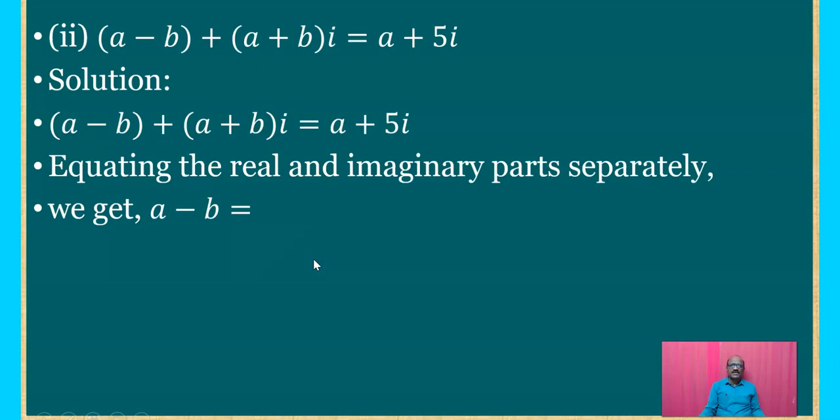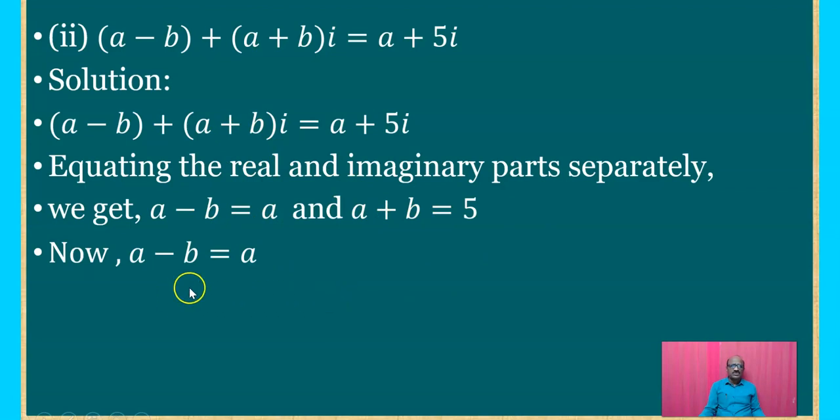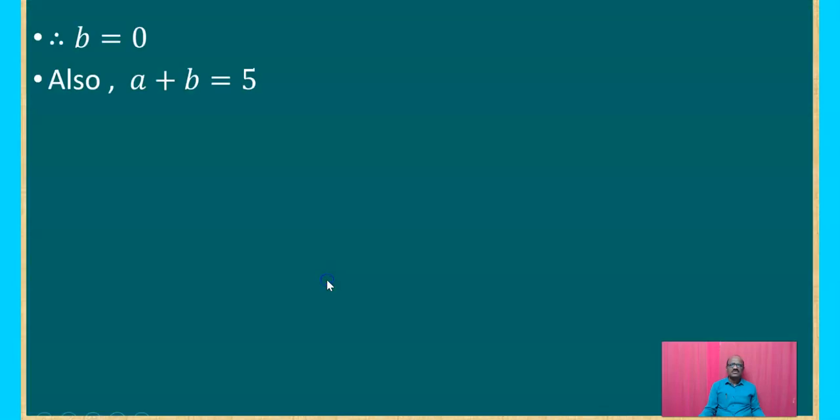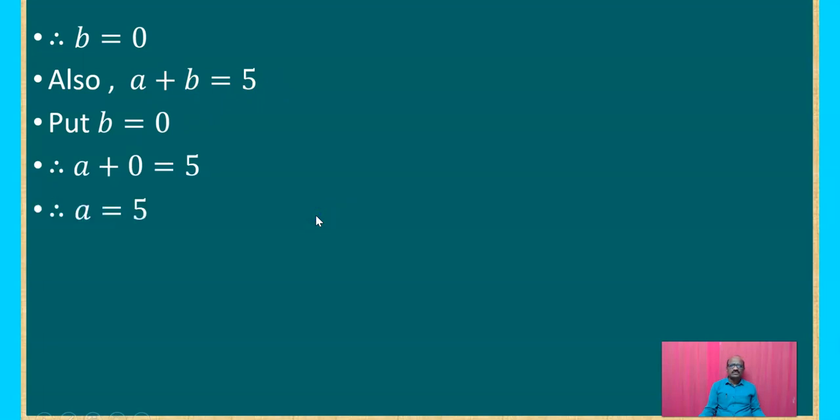Therefore we get here a minus b is equals to a and a plus b is equals to 5. Now here b is equals to 0. As b is equals to 0, substitute the value of b in a plus b is equals to 5. b is 0, therefore you will get a is equals to 5. Okay, a is equals to 5 and hence the answer is a is 5 and b is 0.